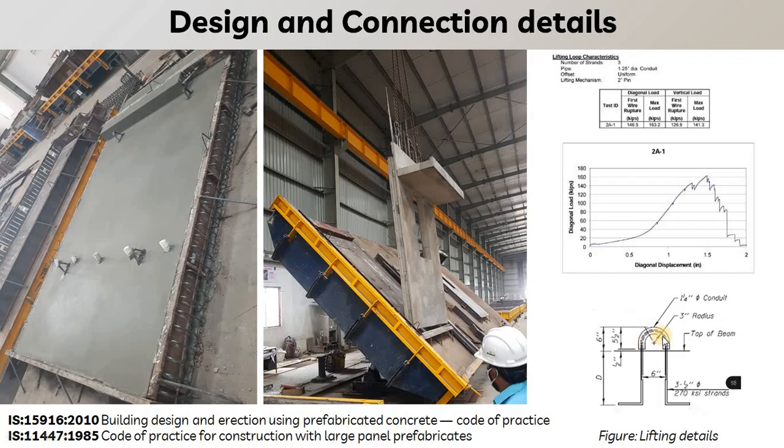So that will distribute all the forces throughout the area. This is very important while lifting. It is necessary to place the steel pipe, a hollow pipe, over the strand wire at the radius part, to avoid any damage and to ease the lifting of the element.